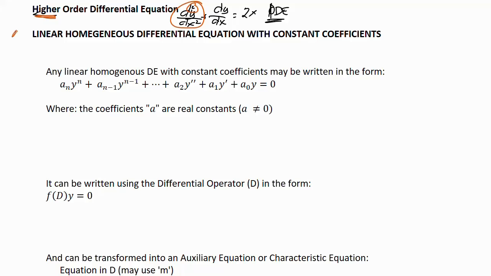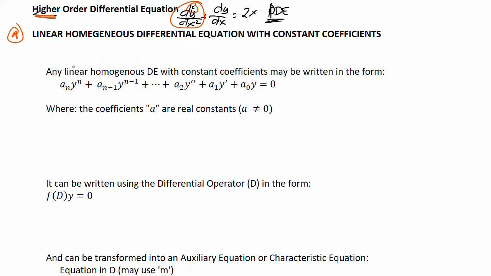But of course we need to determine what a linear homogeneous differential equation in higher order form with constant coefficients is, right? Because in our previous topics we've also encountered linear differential equations as well as homogeneous differential equations, but not in the higher order. So this time we will be finding the solution for this kind of differential equation.